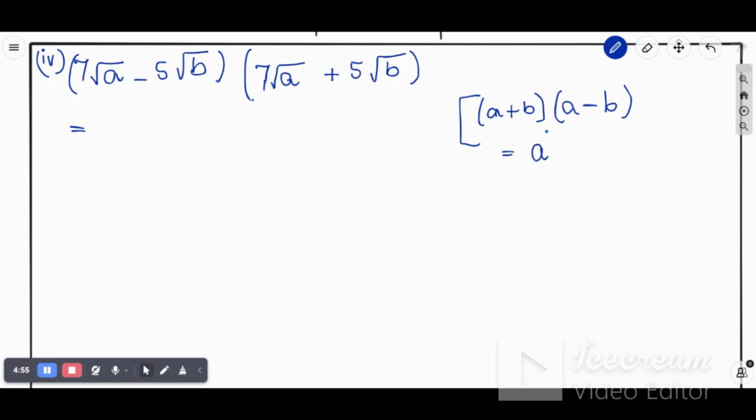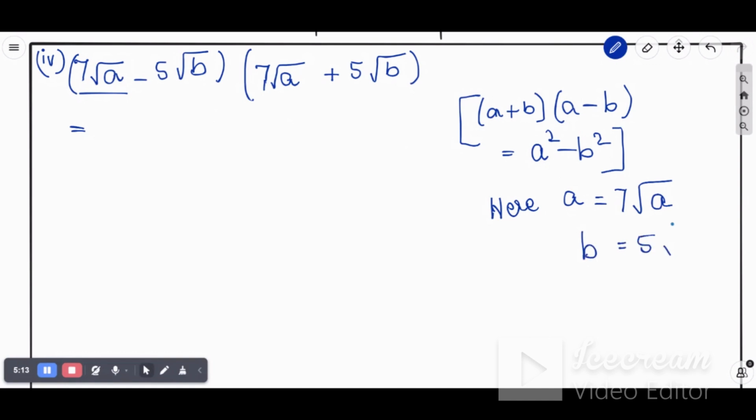Yes, it is a square minus b square. Here a is 7 root a and b is 5 root b. They are interchanged and given, a minus is first and a plus is there, that doesn't matter.